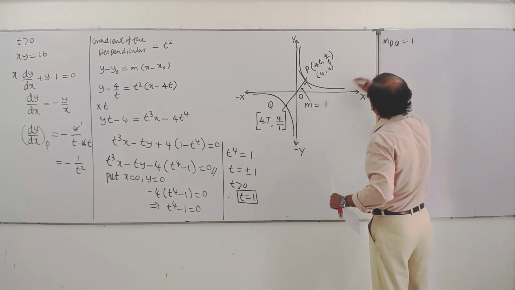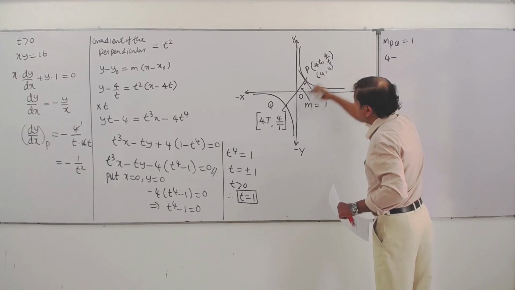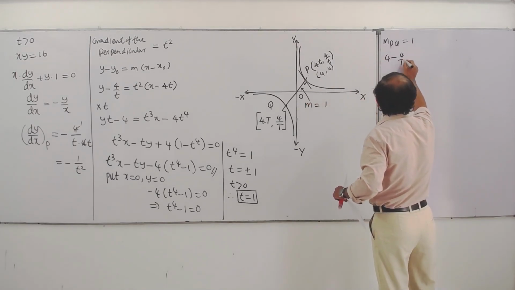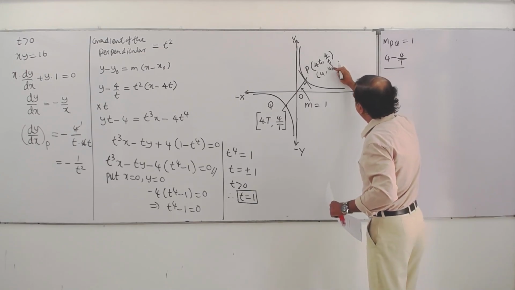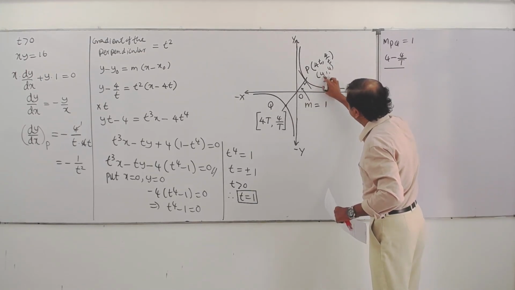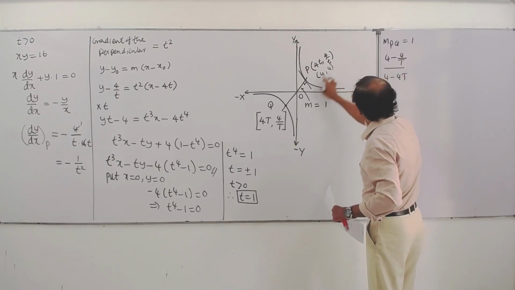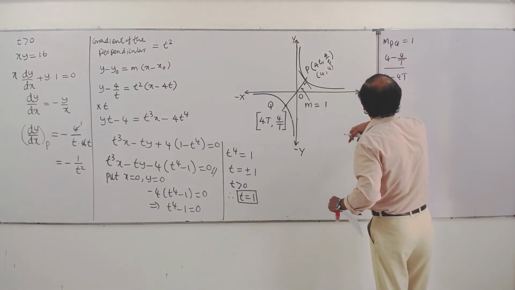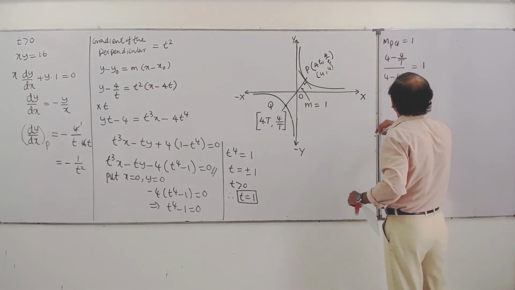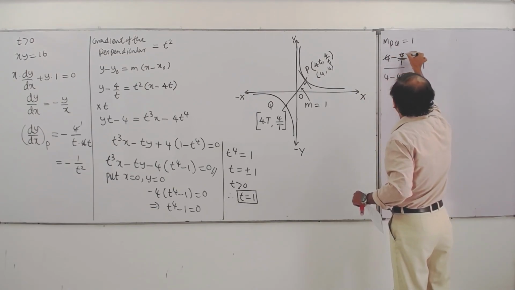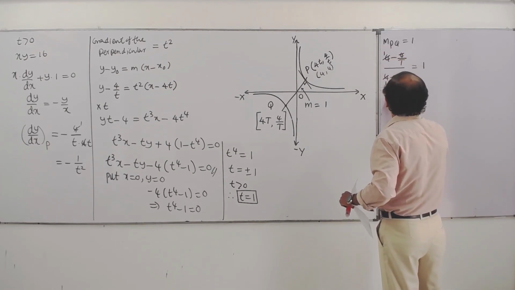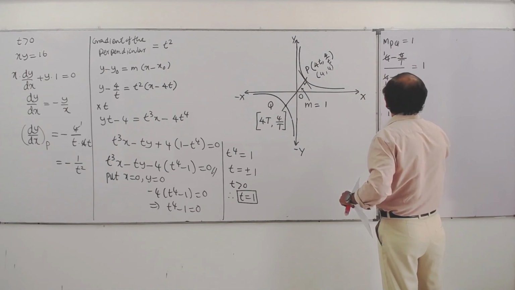Difference of y coordinates divided by difference of x coordinates: 4 minus 4 over T, over 4 minus 4T. This is equal to 1. Then we can cancel down numerator and denominator by 4. Here 1, here 1. Then we have 1 minus 1 over T, over 1 minus T, equals 1. Correct, no?